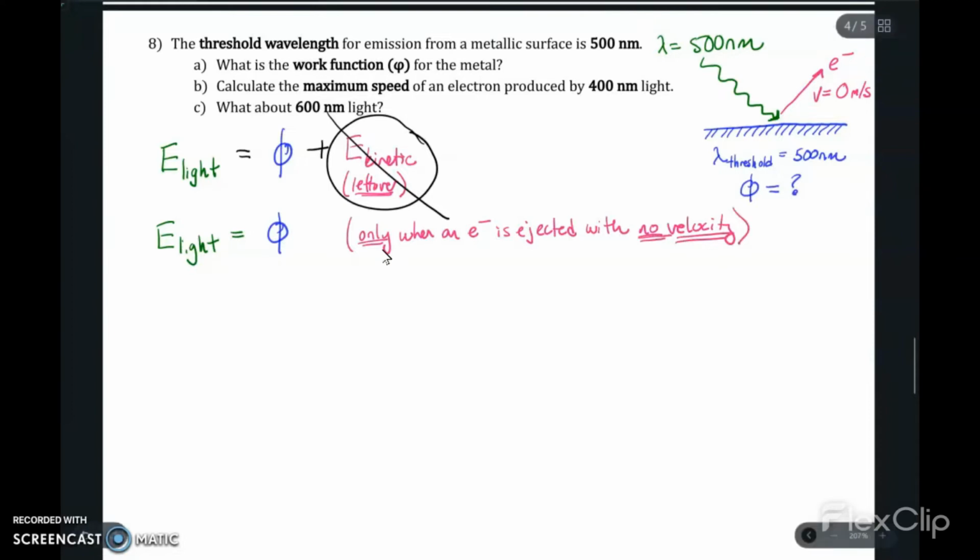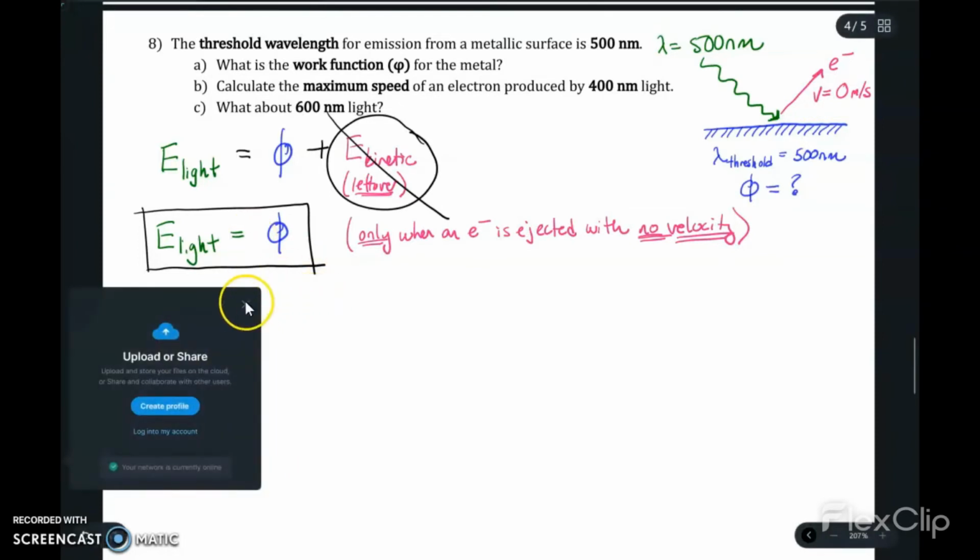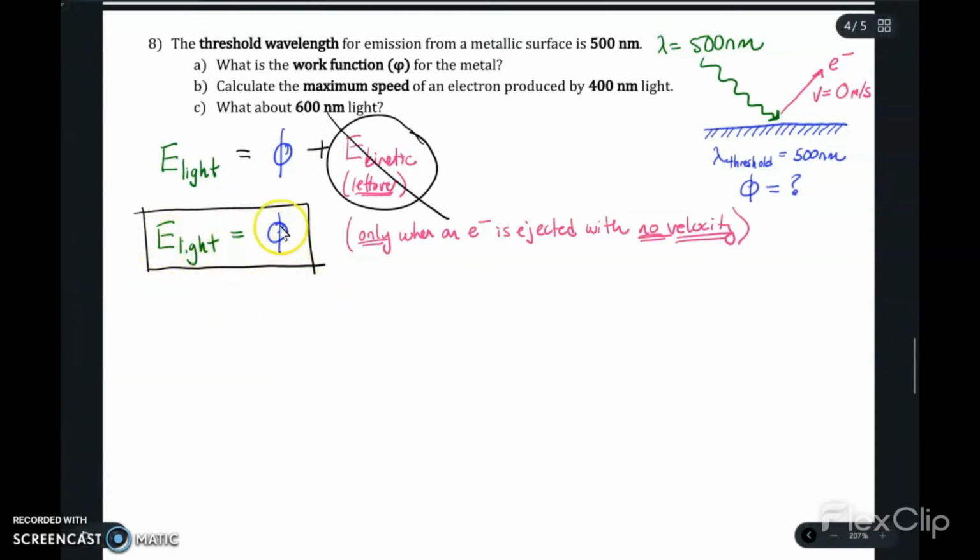Why I'm really trying to hammer this point down is because this equation often ends up being the one that people want to use for all of the photoelectric effect problems. It's an appropriate equation to use in certain situations, but you have to know when those situations occur. The only time you can use this equation is when you know that you have light striking the surface of the metal, ejecting an electron, but that electron has no velocity.